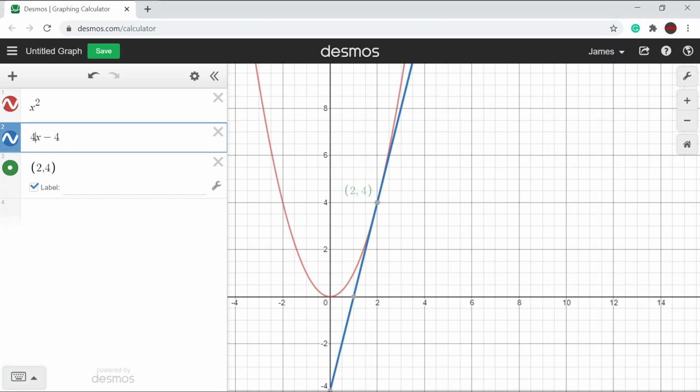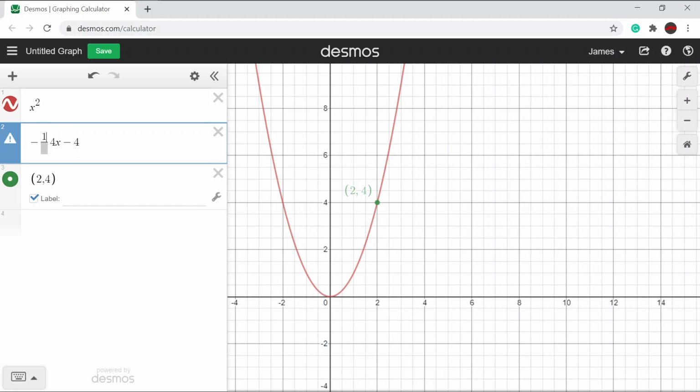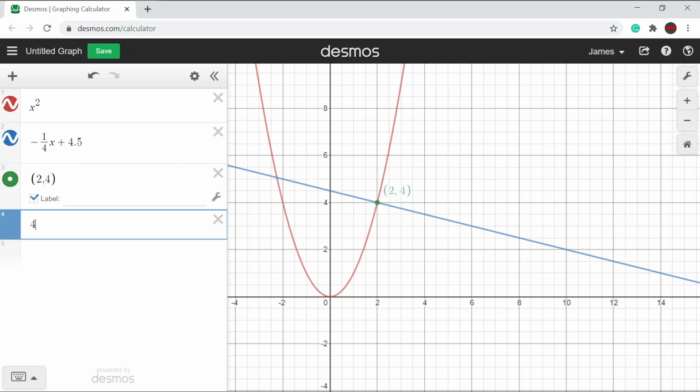So we change this one to -1/4 times x, and then we're going to go 4.5. Oops, that should be a plus. And we can see here at that point, (2, 4), might even put in the original one, we can see that they cross at a right angle now. So that blue line is now our normal equation.